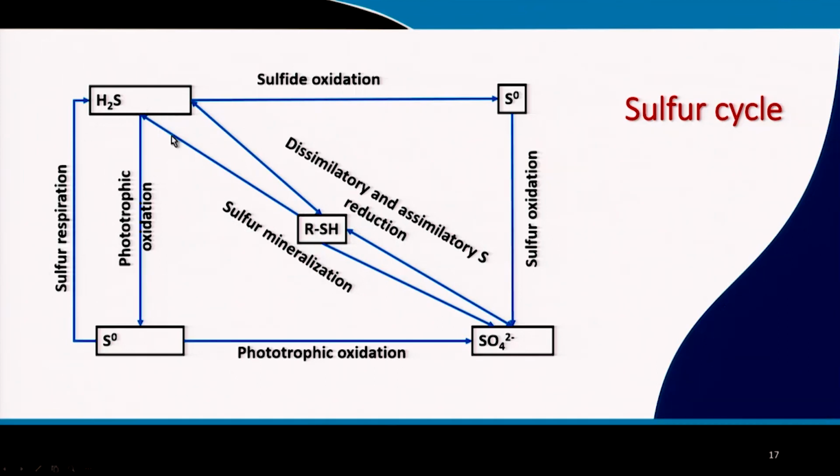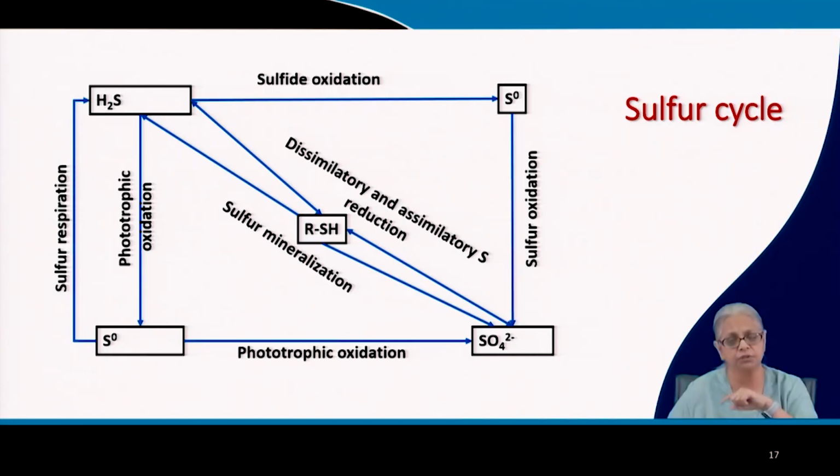Now we also have another process, I think we have already covered it, and that is phototrophic oxidation of the reduced forms of sulfur. Just like we have oxygenic photosynthesis where water is converted to oxygen, in the same way we have anoxygenic photosynthesis where hydrogen sulfide can be converted to elemental sulfur as well as sulfate.